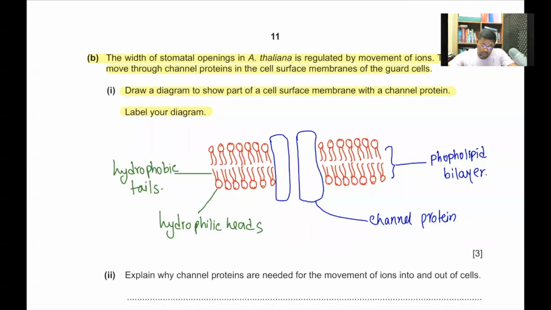So guys, we have shown the phospholipid bilayer. We have shown the channel protein that is passing through both of the layers, and we have a hydrophilic core where water soluble ions can pass through, bypassing the phospholipid bilayer, which is hydrophobic. Hydrophilic heads and hydrophobic tails are labeled.